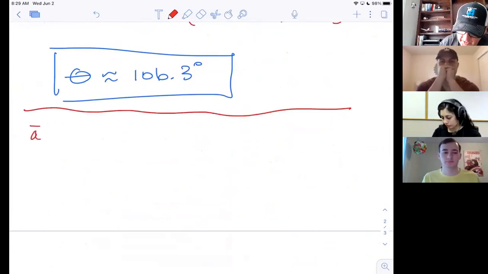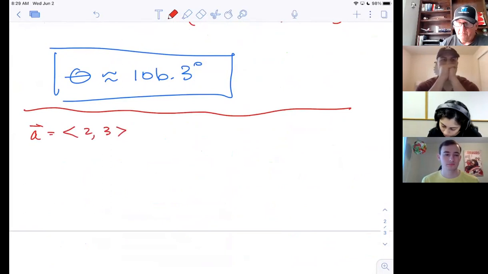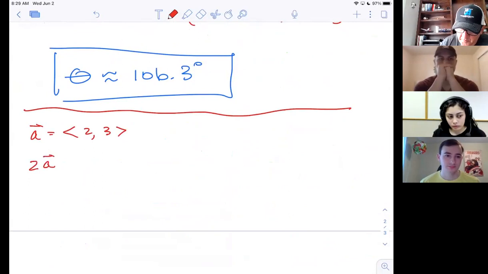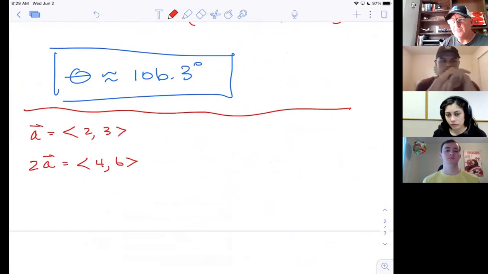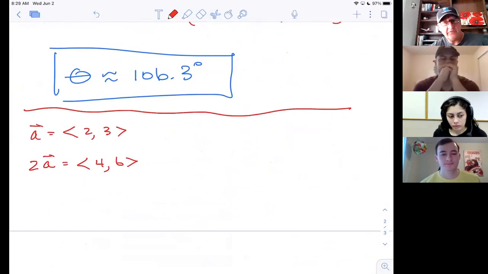If I say vector A is equal to 2, 3, when I decide I'm going to double that vector, which really just means I'm going to multiply both of them, it's kind of distributable, I'm going to multiply by 6. What are those two vectors? What just happened?